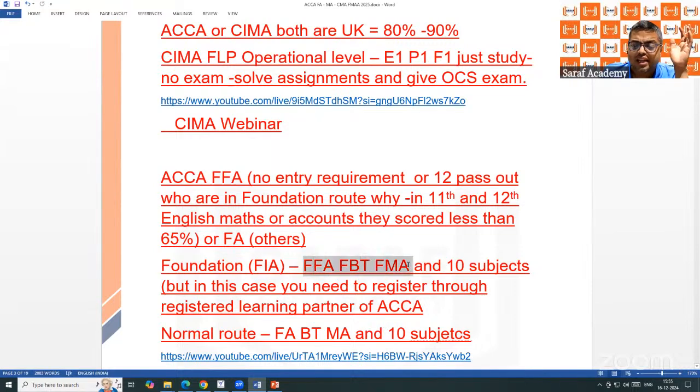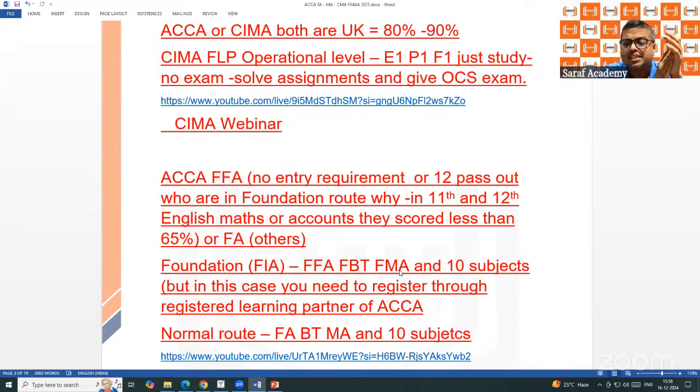And after clearing these exams, you will be transferred to the ACCA main course, where you need to give skill level and professional level exams. So in ACCA, the knowledge level for some students is ACCA, and for some students is FIA. Doesn't matter. Exam आपको knowledge level का 3 ही देना है. Then skill level 6 exams, professional level 4 exams.